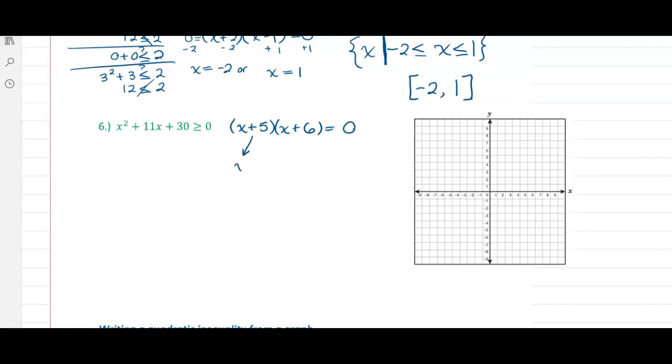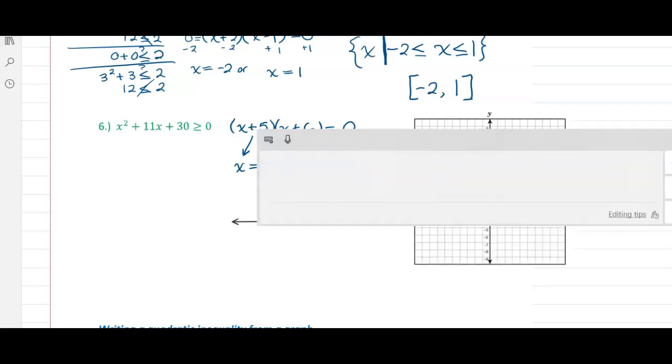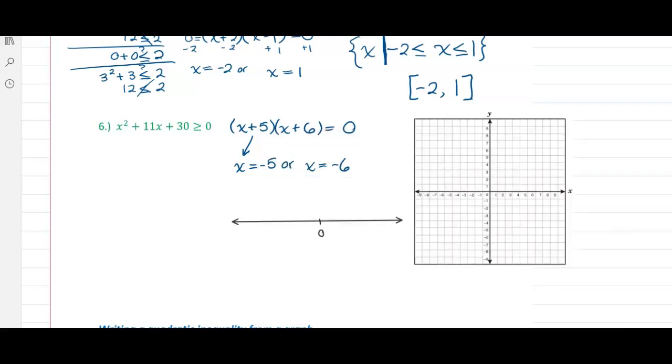When I solve each of these, I get x equals -5 or x equals -6. So we grab our number line and we plot these points. -5 with a closed dot.